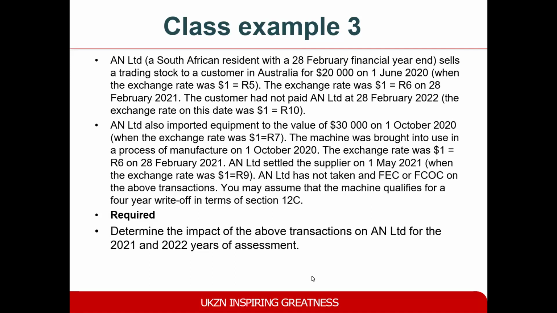We settled the supplier only on 1st May 2021, when the exchange rate was 9 rands. We have not taken any insurance in relation to this debt. Guys, we'll talk later about FEC, foreign exchange currency and what we mean. This is when you take insurance, maybe to say, I'm insuring this debt.